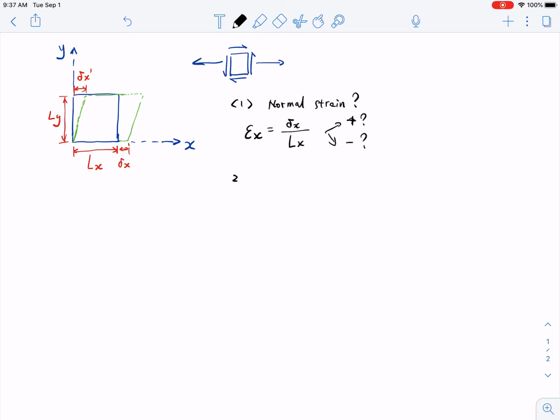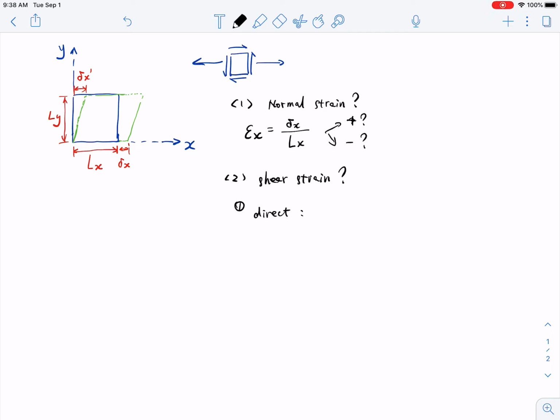Then how about shear strain? As we mentioned previously, we have two methods to calculate the shear strain. The first is the direct method.